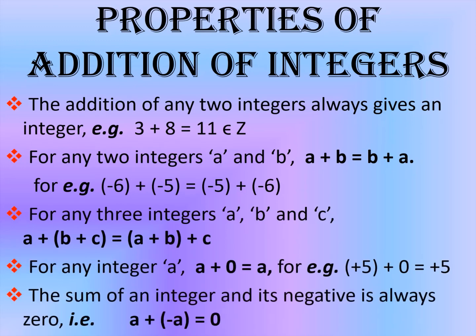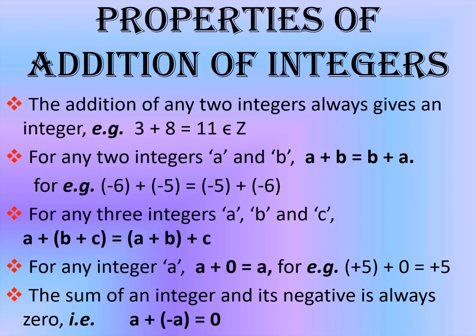Now let's see a few properties of addition of integers. The addition of any two integers always gives an integer. Second, for any two integers a and b, a plus b equals b plus a.